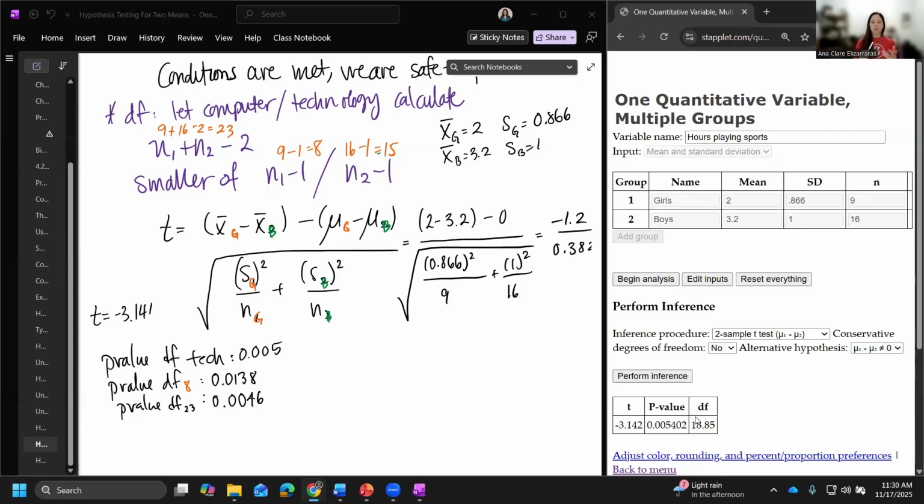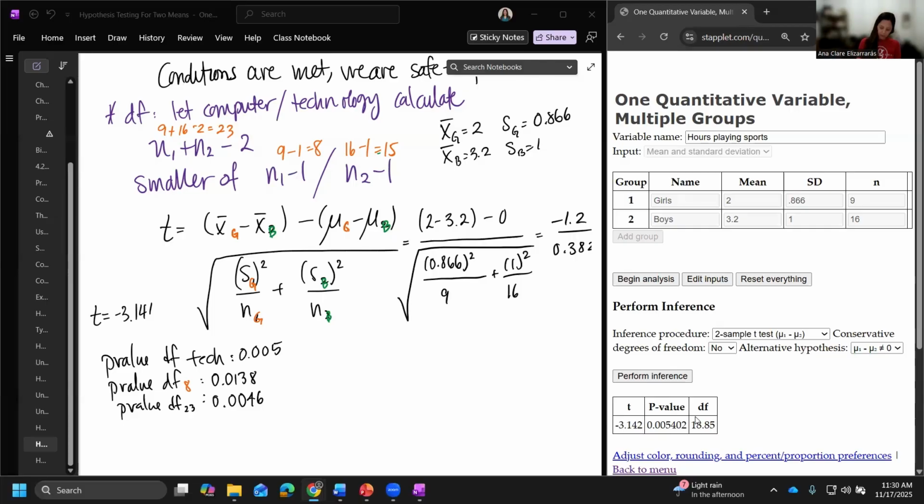So our degrees of freedom of 23 was 0.0046. If you notice, the smallest degrees of freedom gave us the highest probability. Any of these in comparison to our alpha equals 0.05 are going to be a rejection.